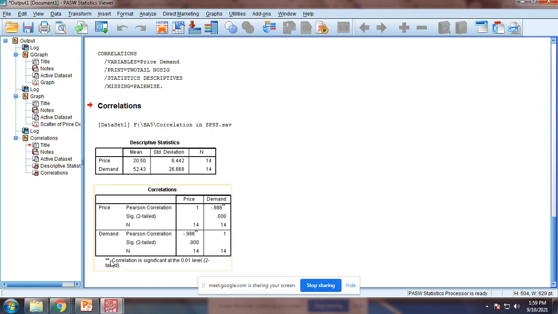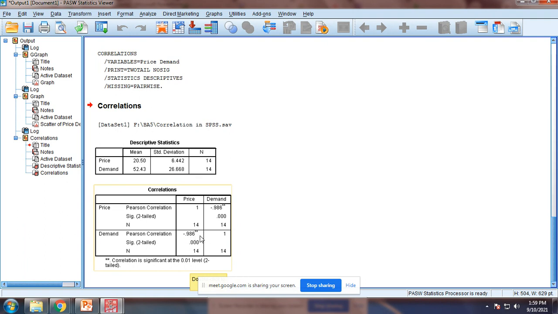These two stars mean it is significant at the 0.01 level. That is 99%, 99% confidence level. The value is minus 0.986.